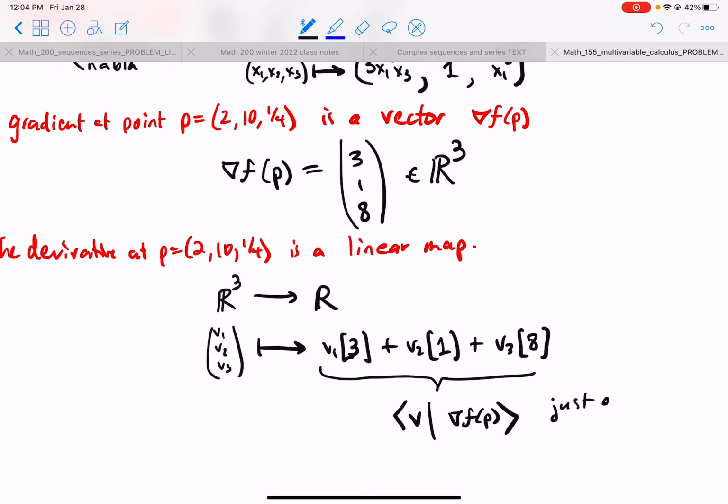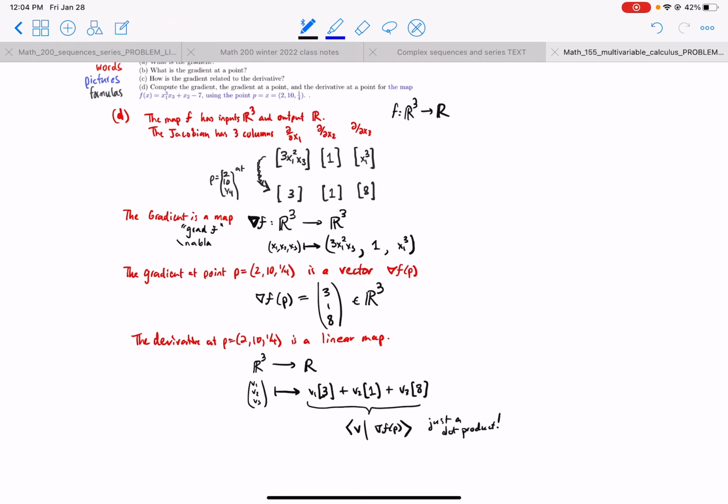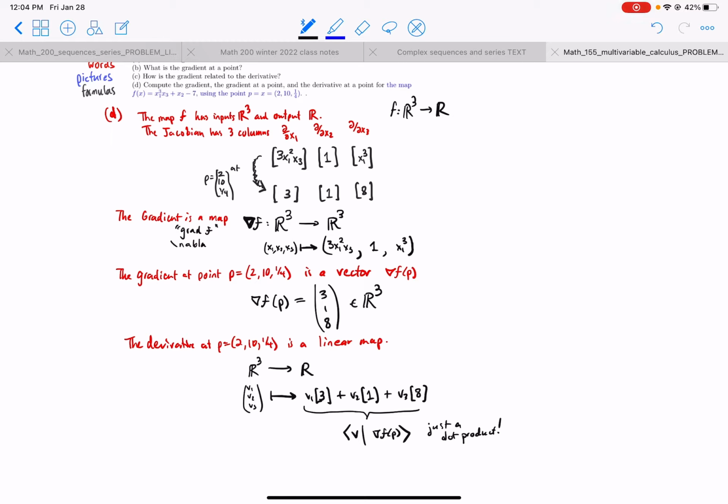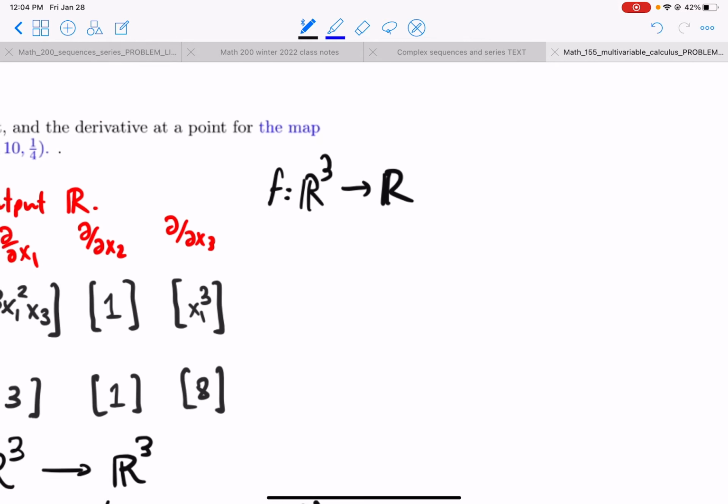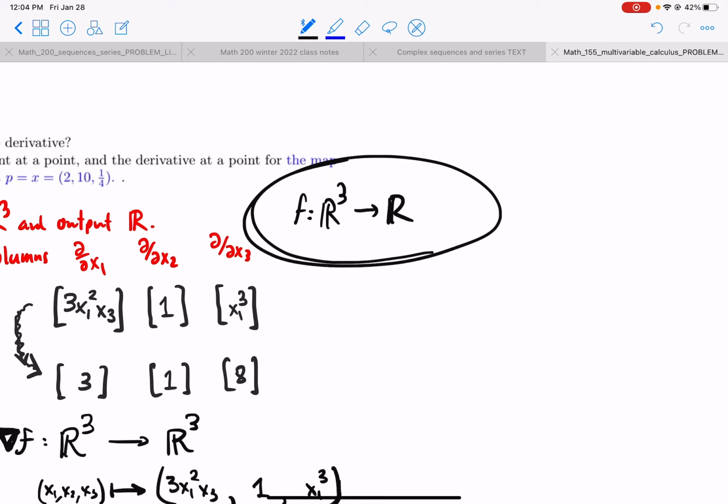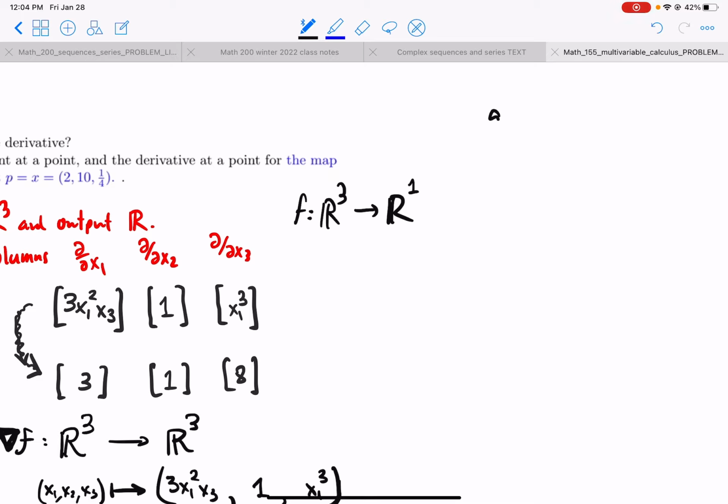Just a dot product. Okay, in this case. So this was an example where we had the original map of inputs R3 and outputs R1. The gradient will only make sense when the output is R1.